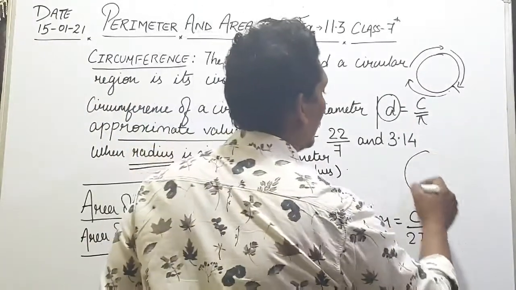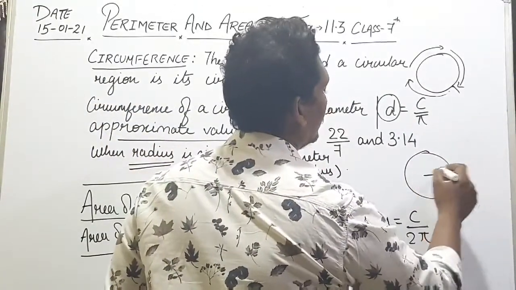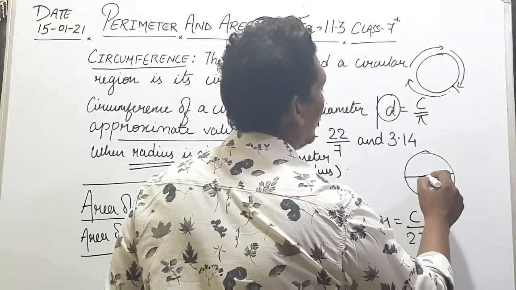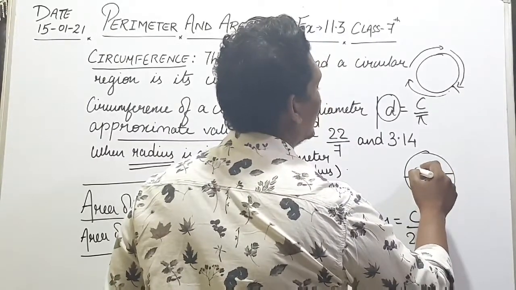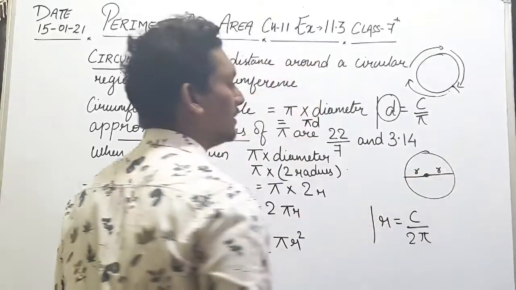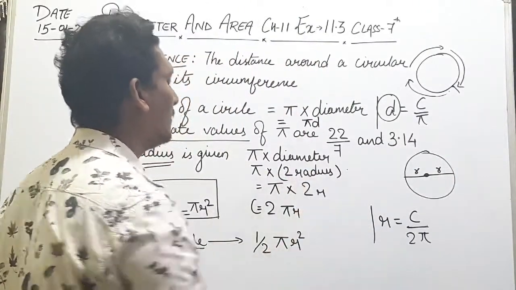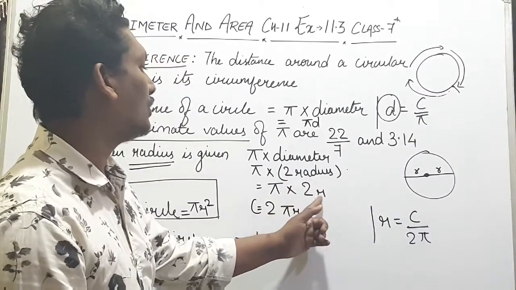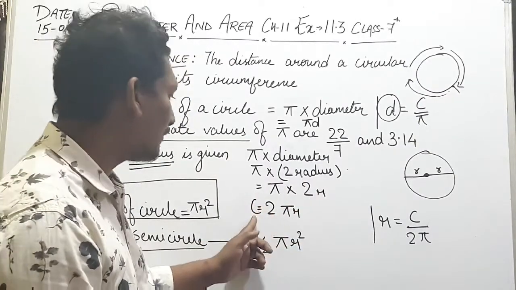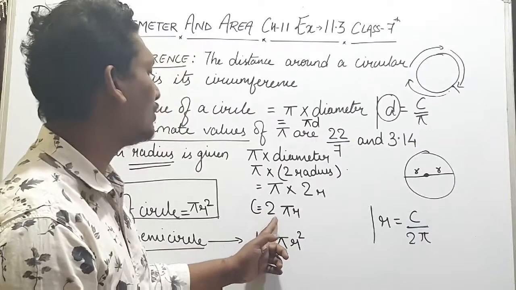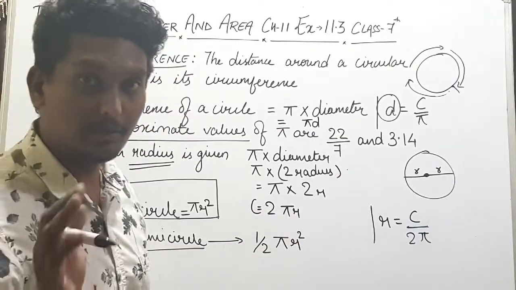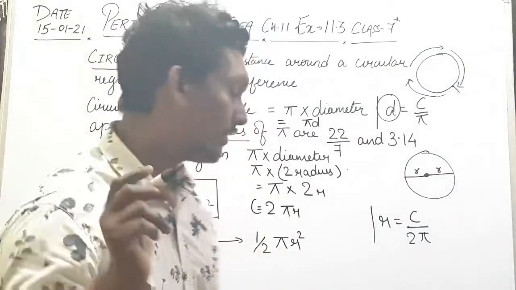In one circle, suppose this is the center, this is one radius and this is the other radius, right? So instead of diameter we can write 2 radius. So pi into 2r, that is the circumference, C is equal to 2 pi r.